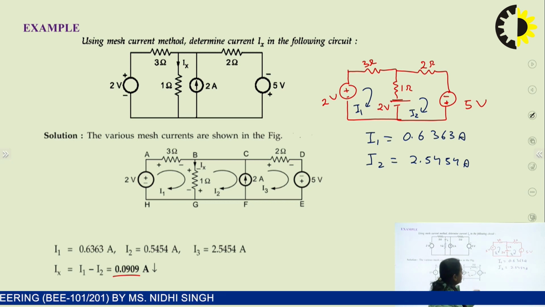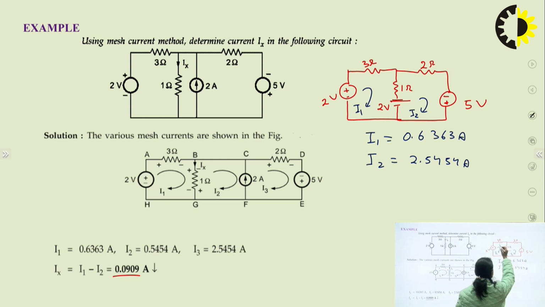Now I know I1 is 0.6363, right? And the value of I2 is 2.5454, right? Sorry, the direction will be like this.